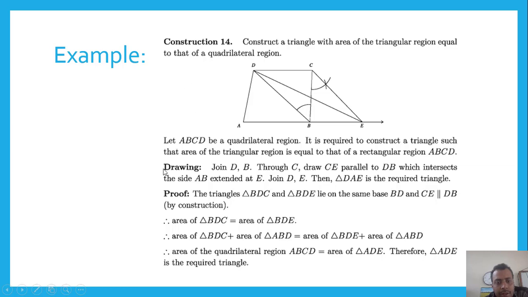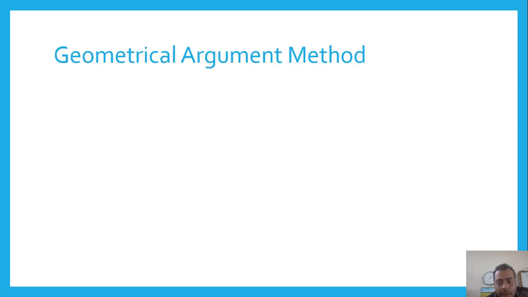So, this drawing part is steps of construction. And proof. Proof is the arguments by which we can claim that, or we can justify our drawing. So I hope you have understood what construction actually is in a sense.